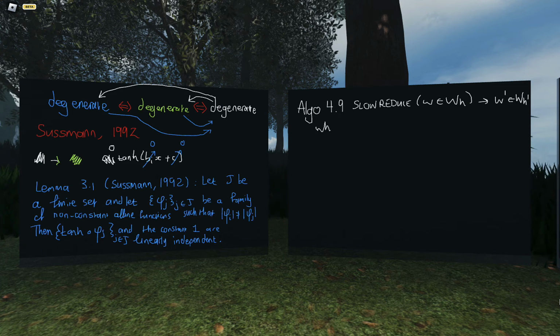So it looks like this. While W is reducible, which you check by the 4 conditions, remove, or set W, you destructively update W to remove 1 unit, according to these conditions again.